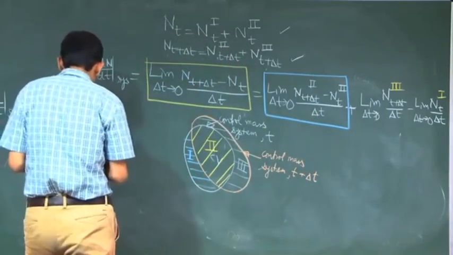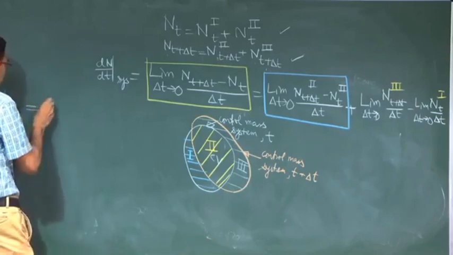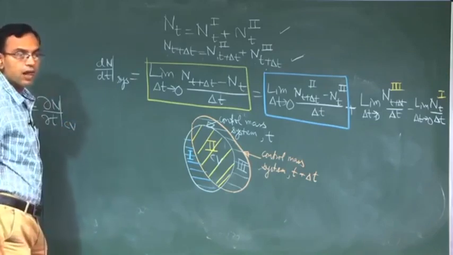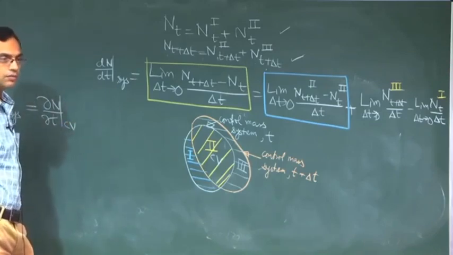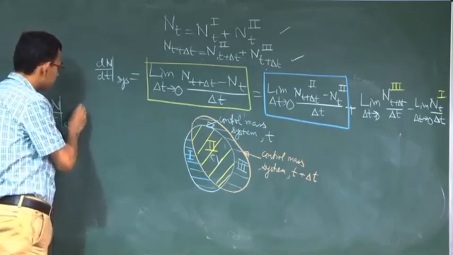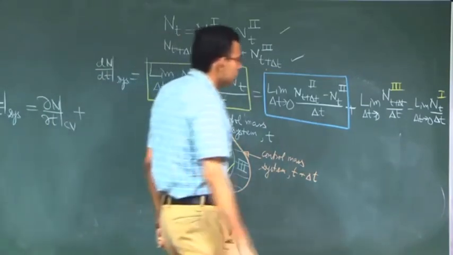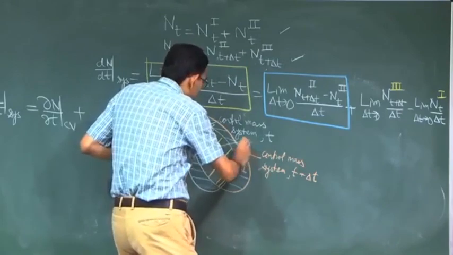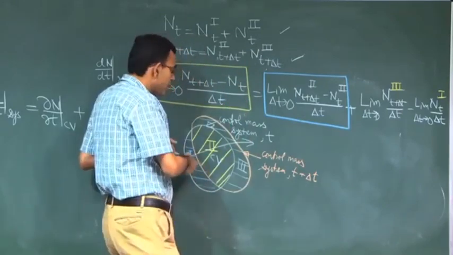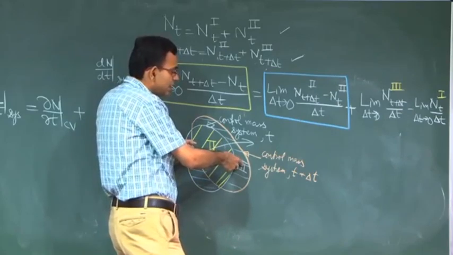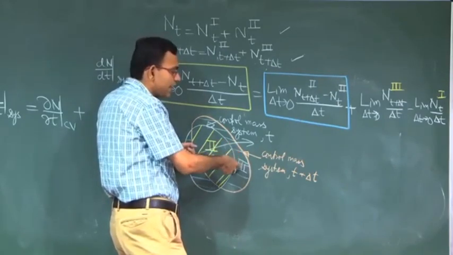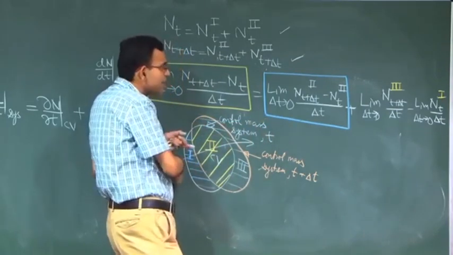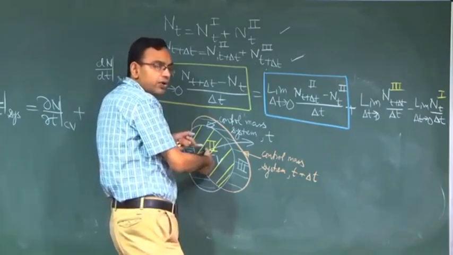So, this location 2 being the control volume, plus, if this be the control volume and the system is sweeping from the left to the right, it will appear that this is giving rise to whatever is the rate of change of N at 3, this is giving rise to an outflow across the control volume, and whatever is entering at 1 is giving an inflow to the control volume.